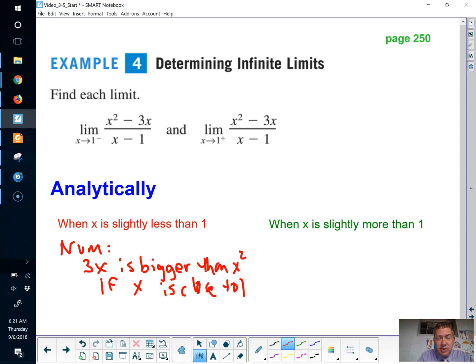Because if x is close to 1, x squared is close to 1 times 1, and 3 times x is close to 1 times 3. So there we go. So that means x squared minus 3x is negative.